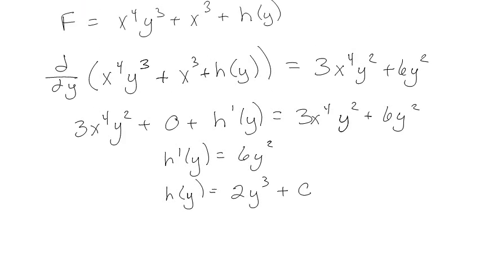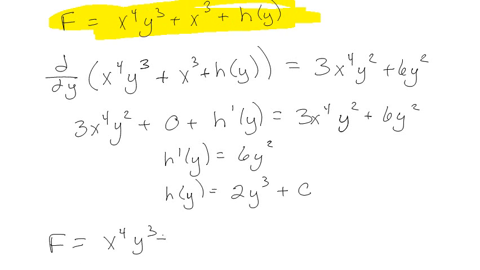So I can look back at my guess for f. I have that f is equal to x to the fourth y cubed plus x cubed plus h of y, which is 2y cubed plus c. Now f, I said there is a trivial solution of c. But c of one kind plus c of another kind is still just c in general.